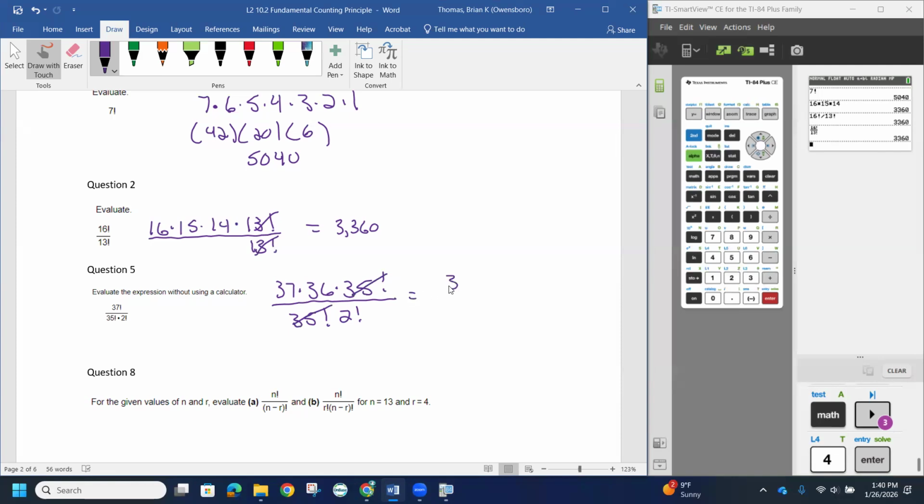So this now would be 37 times 36. And 2 factorial would be 2 times 1, but 2 times 1 is 2. So you could do the problem in that fashion. So you could say, hey, 37 times 36, and then get that answer, divide that by 2, and that gives me 666. So we get that.